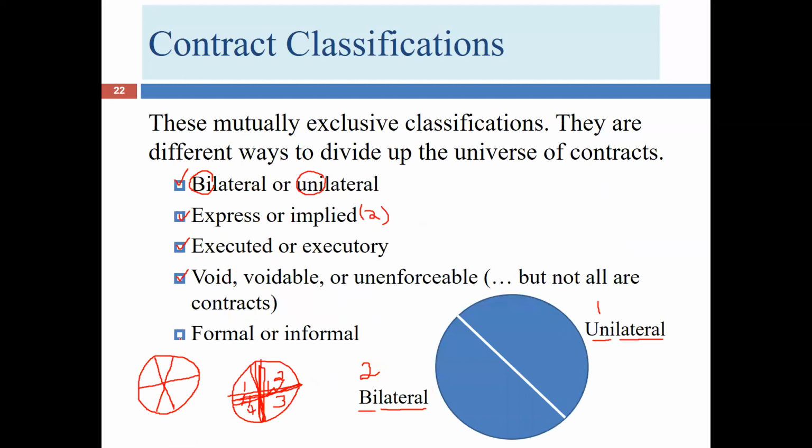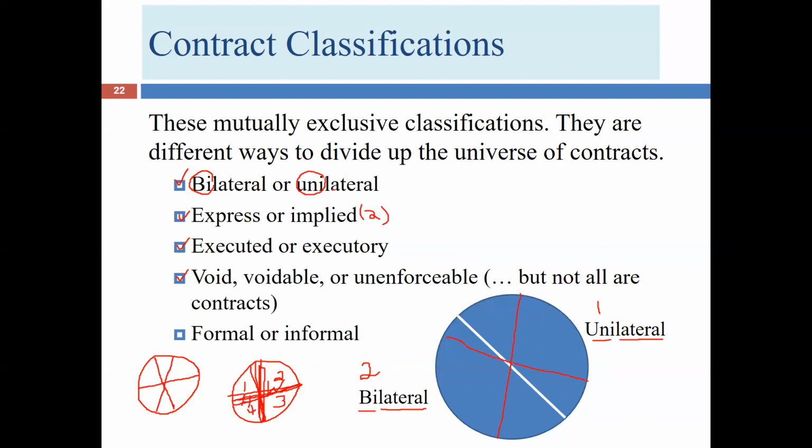And by the way, as you've probably figured out, the lines that we draw between unilateral and bilateral, between express and implied, and between executory and executed don't all line up. You might have a bilateral contract that's express, executory, and voidable.